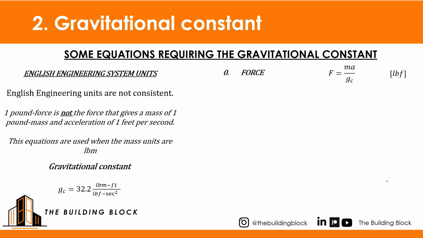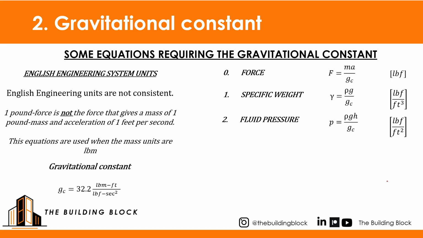The first one is force, as we previously explained, and also the specific weight equation. Fluid pressure is another equation where we need to be careful. It's defined as density, denoted as ρ, times the gravitational acceleration field and height, resulting in pound force per square foot.